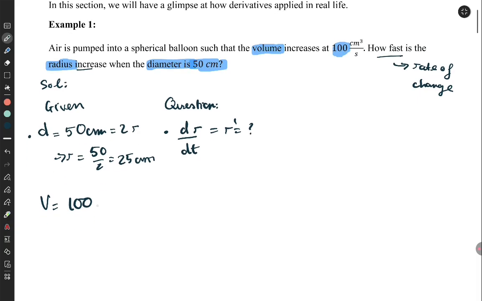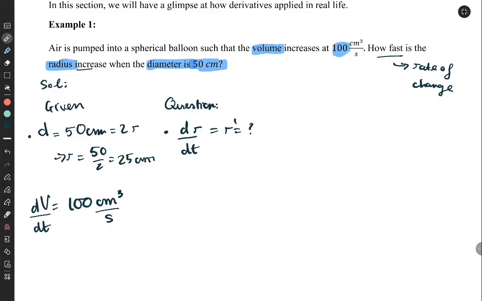No, not really. Sometimes you can tell by the unit. Look at the unit. Centimeter cube is the unit of volume. Square is area, cube is something about volume. Cube over second is volume over time. They give you dV over dt.